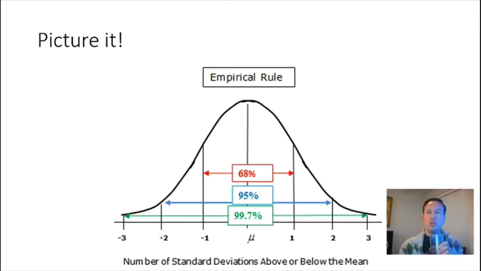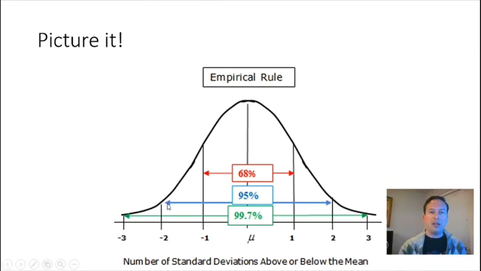All right, so here's what the rule looks like on a graph. On the bottom here, we have our z-scores. And of course, the middle there should be 0, but they have mu there. If you look at the red here, that much area, those two wedges, will make up 68% of the plot.